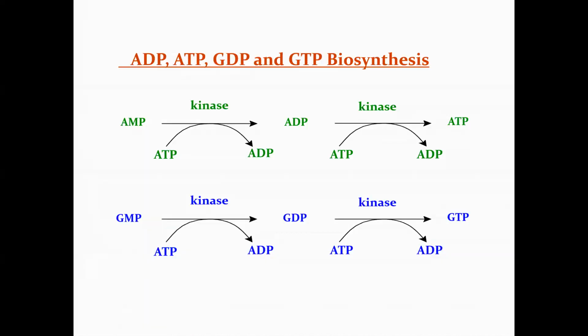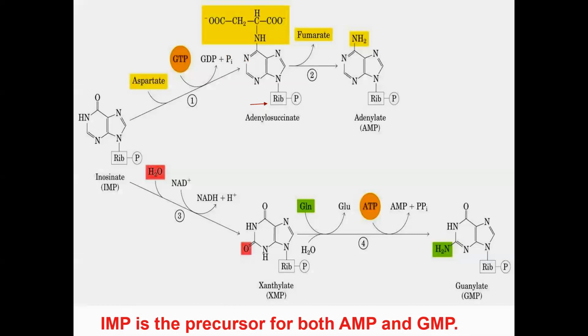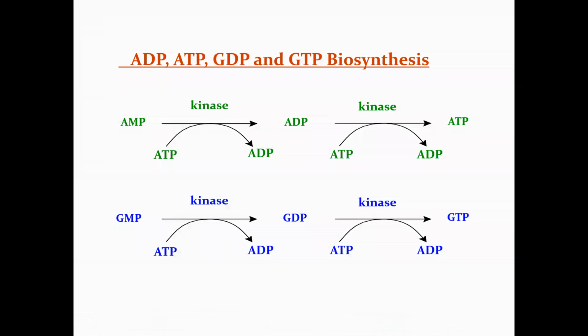This is the overall reaction, showing how AMP and GMP are subsequently converted into ATP and GTP, because our nucleic acids, DNA and RNA, always have their basic units in the form of ATP, GTP, CTP and TTP.